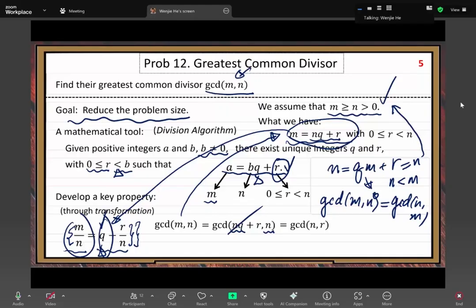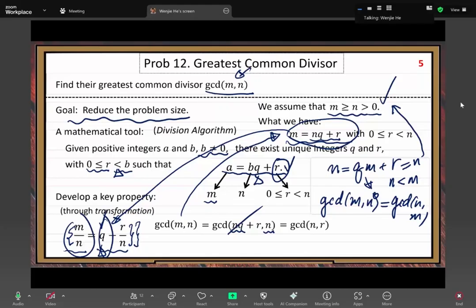So we have to stop somewhere. We cannot do it forever. Because you do size reduction and eventually you have to stop. Eventually you get to some point, then you can stop. But we need to examine that stopping condition.